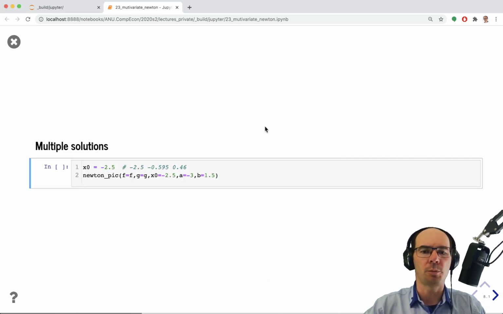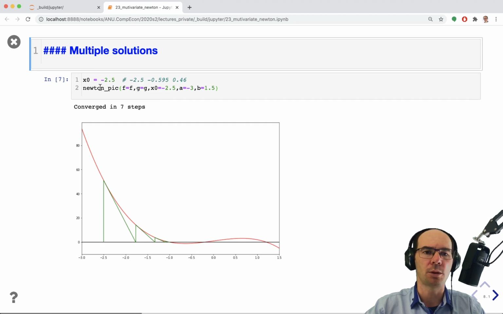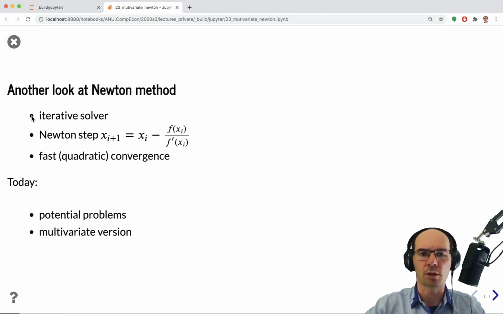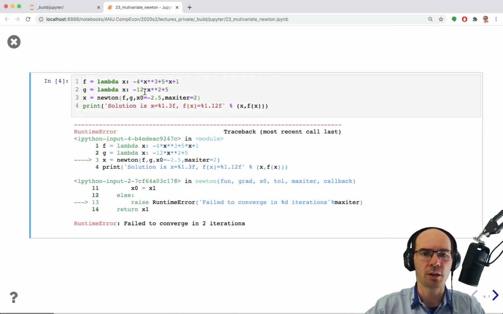Okay, particular examples. Let's look at multiple solutions. We're using the same function actually, but now we will be plotting it a little bit farther out. You can see if the upper bound is 1.5, then there's actually 3 solutions. Well, of course, that's a cubic polynomial, if I remember correctly. Where's the function that we've looked at?